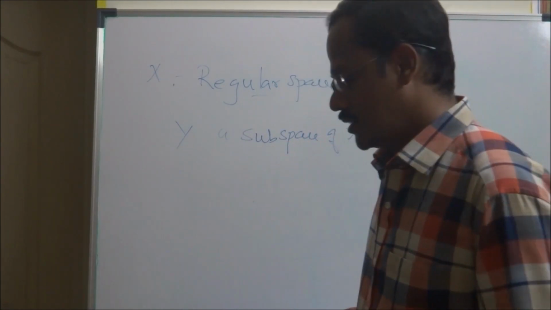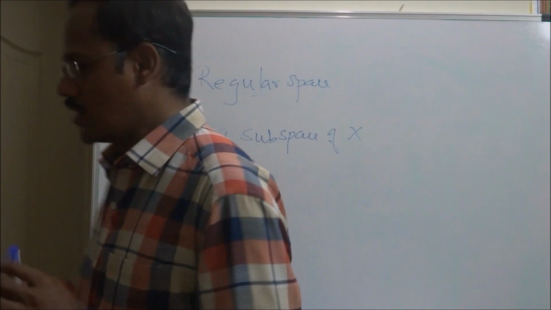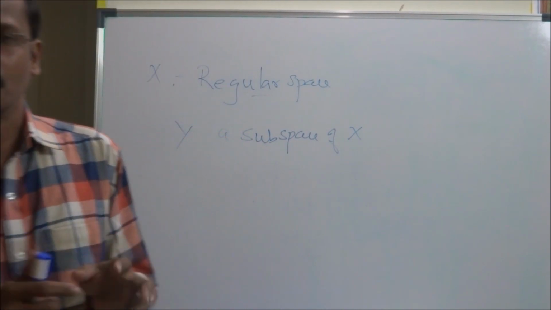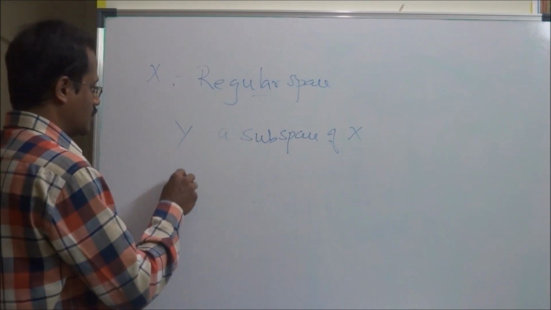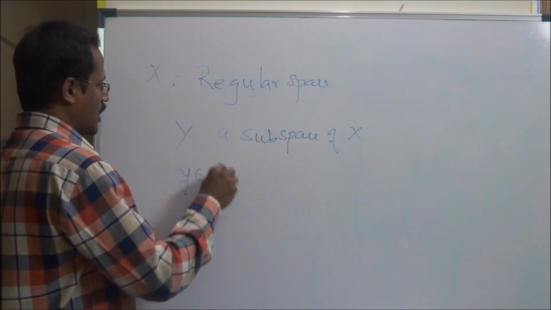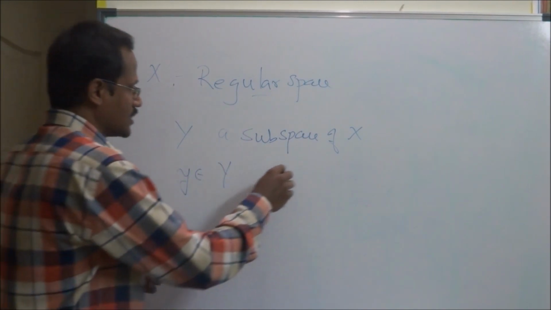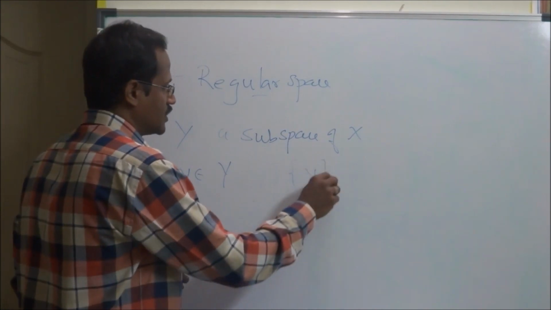The first condition is that in Y, every singleton set is closed. For that, you start with an arbitrary point y in capital Y. You consider the single point set, that is singleton {y}.